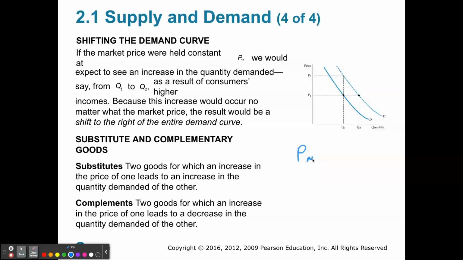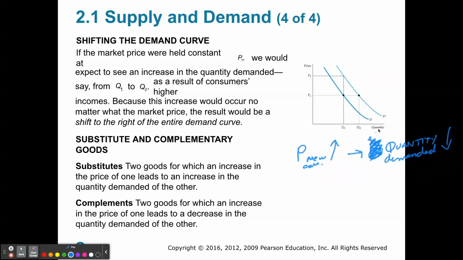As the price of new cars went up, from the law of demand, the quantity demanded fell, not the demand.